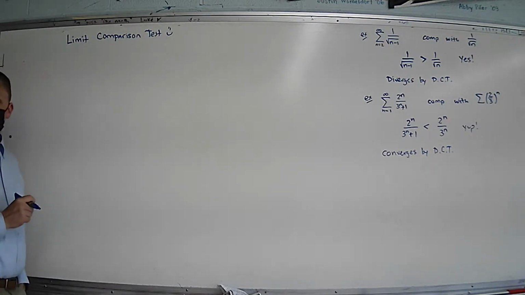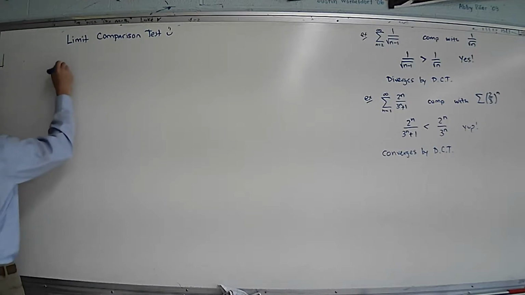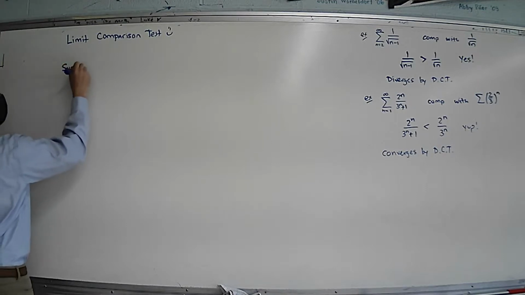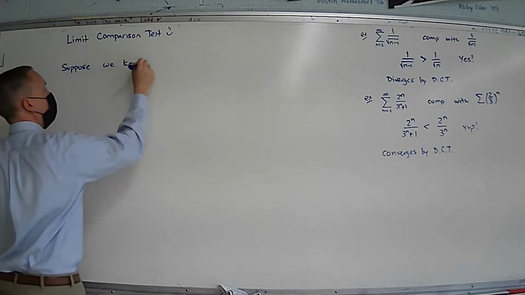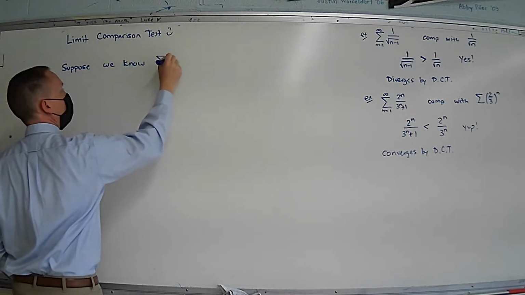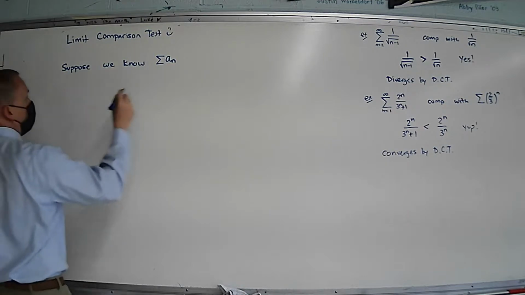Okay, you ready? So here we go. The limit comparison test says, suppose we know one of the series. Remember, these are always comparing one we know and one we don't know.